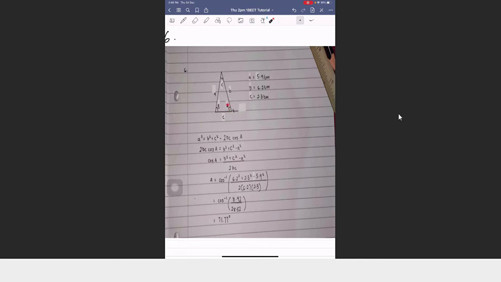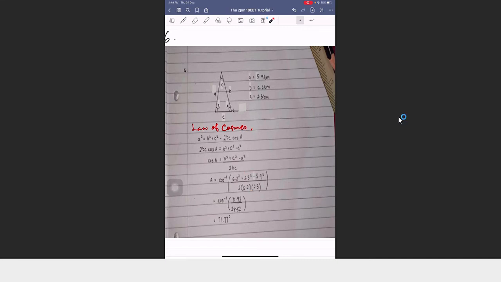When it is an included angle, again you are using the law of cosines. But because all the lengths are given and what you want is only the angle, from the law of cosines you just need to rearrange and express A in terms of cosine inverse.